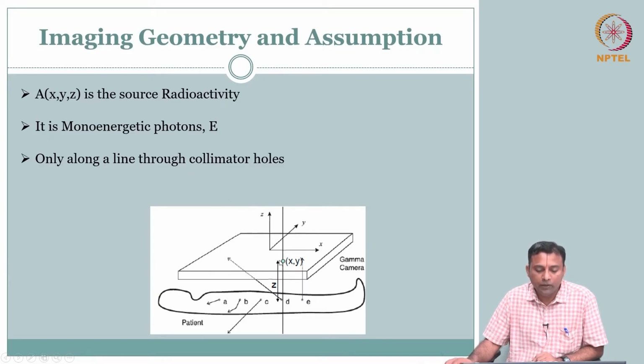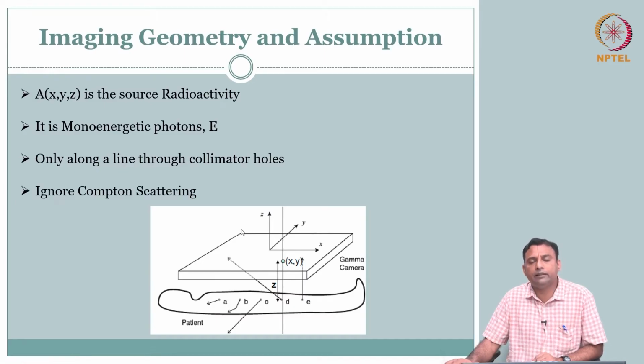So now how do we write our imaging equation? Given this scenario, what is our imaging equation? In some sense, it is very similar to what we did for projection radiography, right.